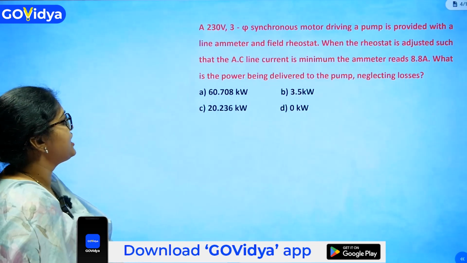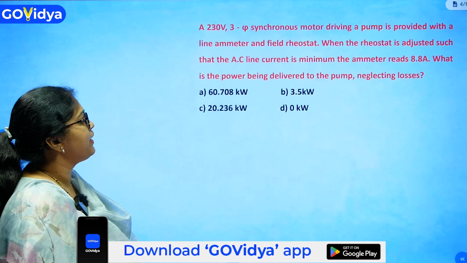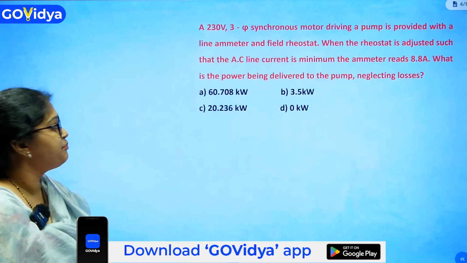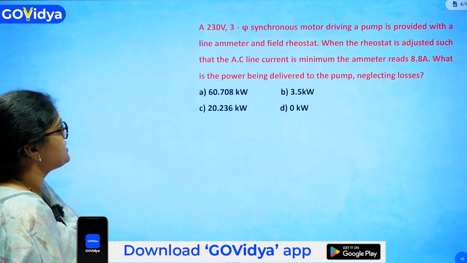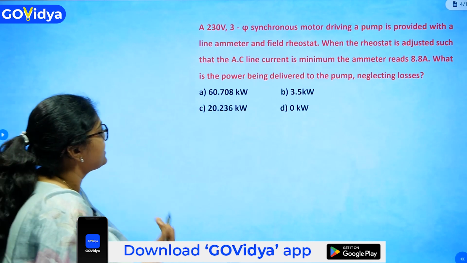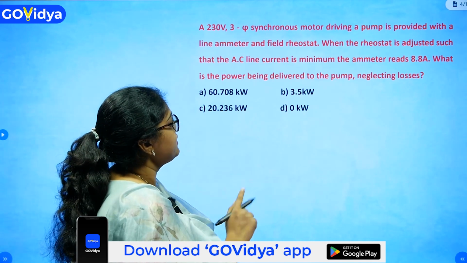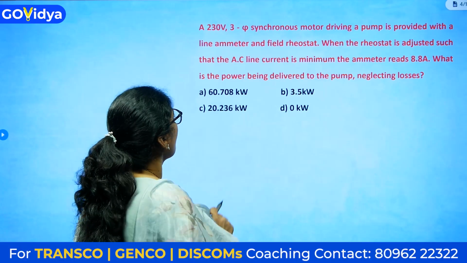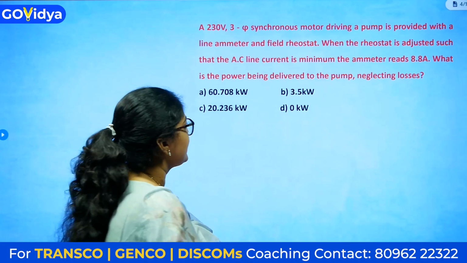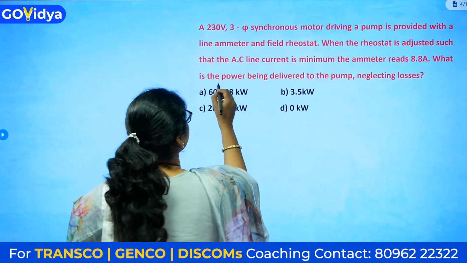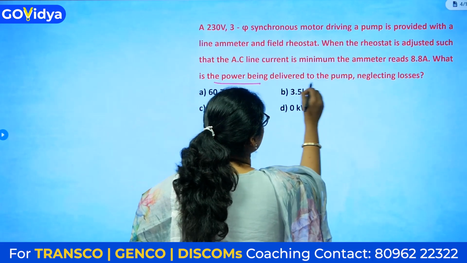A 230 volts 3-phase synchronous motor driving a pump is provided with a line ammeter and a field rheostat. When the rheostat is adjusted such that AC line current is minimum, the ammeter reads 8.8 amperes. What is the power being delivered to the pump, neglecting the losses? We have to neglect the losses and find the power delivered to the pump.